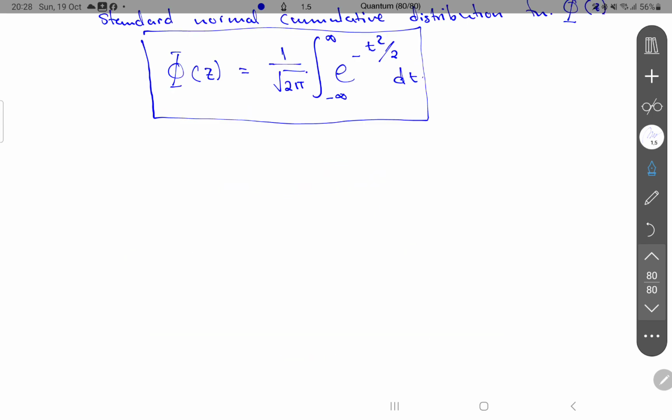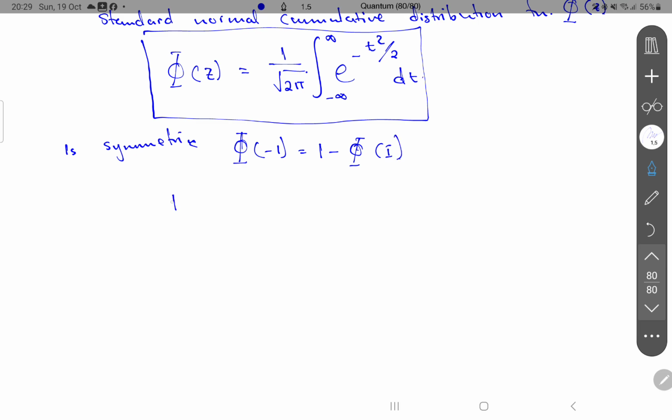Since our probability distribution function is symmetric, we will say phi of -1 is equal to 1 minus phi of 1.